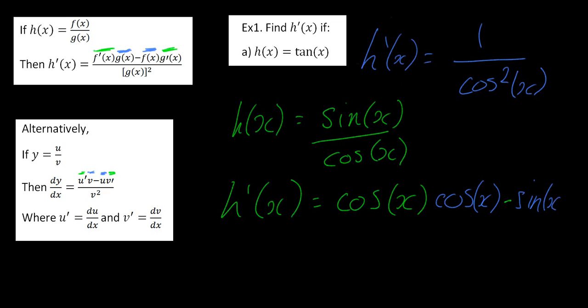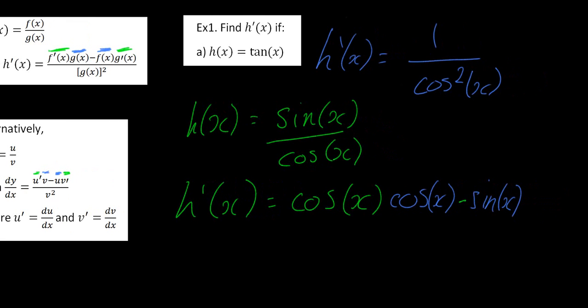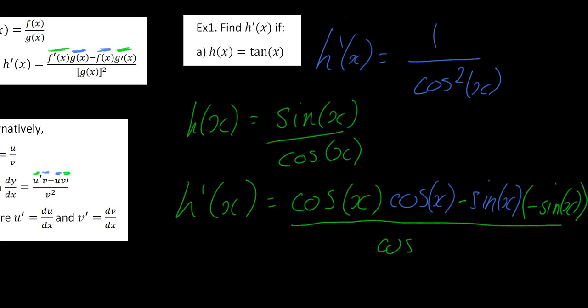Left alone. Scroll across here a little bit, and we're going to have negative sine x here when we differentiate the denominator cos x. And right at the bottom, we're going to end up with the denominator squared, which is cos x.